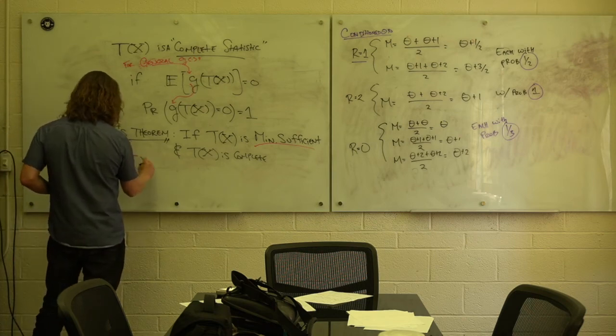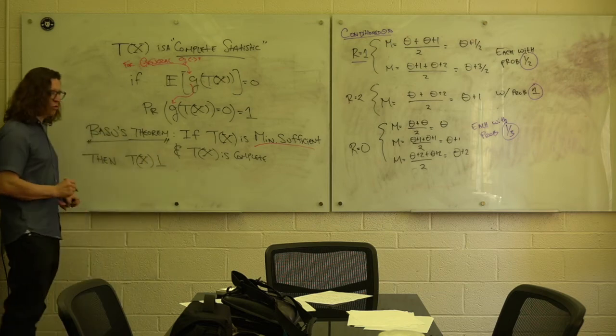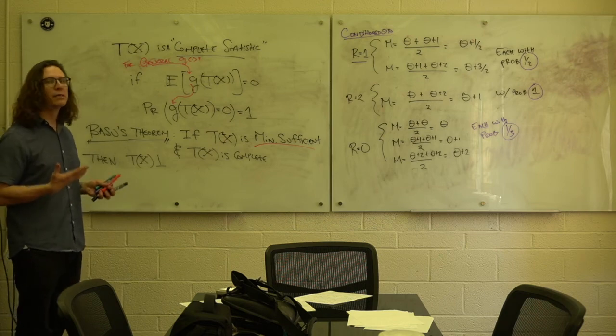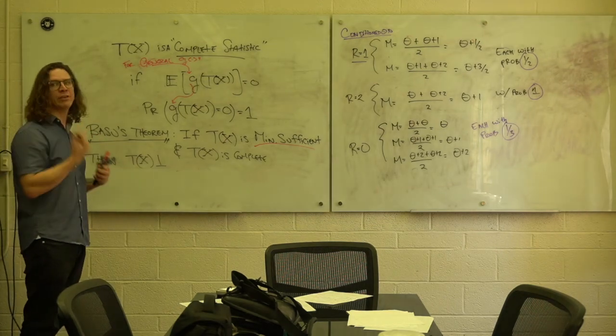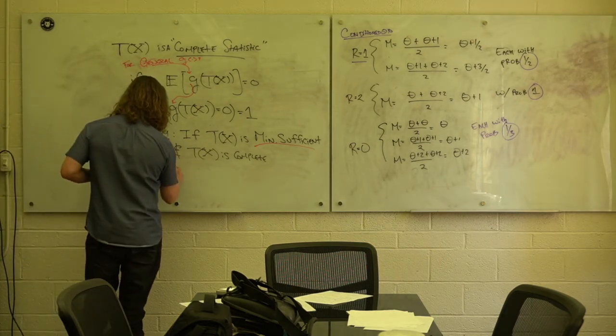T of x is, and this is what I said in class, orthogonal. What I mean to say is independent. And so that's how I'm using this. They live in two different spaces that don't impact each other. This is going to be independent of all ancillary statistics.